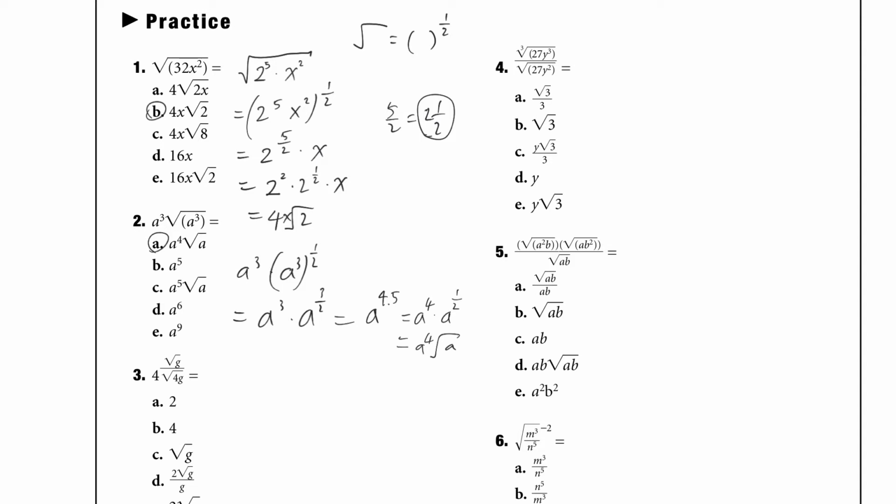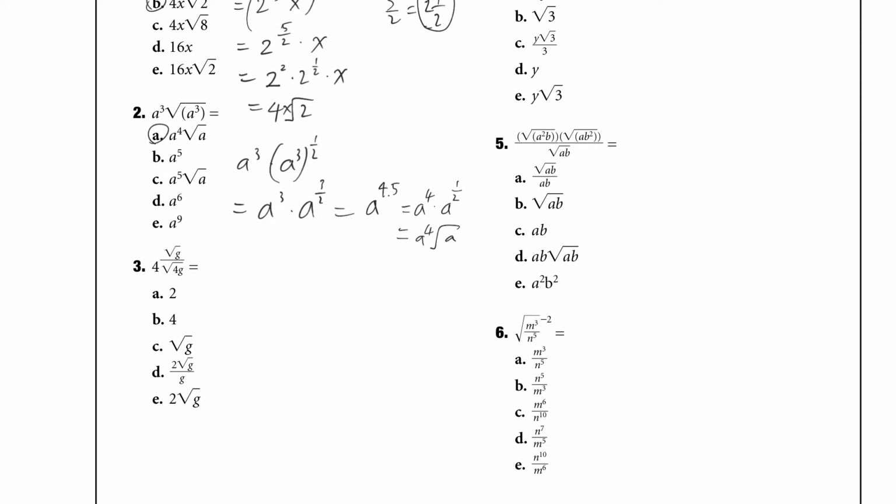Moving on to question number 3. So this one involves fractions. Square root of g over 4 times the square root of 4g. So I'm going to do the exact same thing, g to the power of 1/2 over 4 times square root of, well, 4 is equal to 2 to the power of 2, and then square root of g is just g to the power of 1/2.